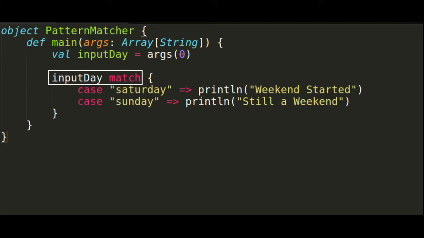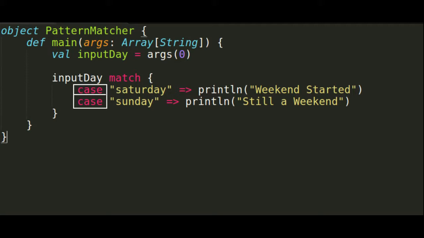Let's have a closer look at the syntax of the match expression before we compile this program. First, we put the name of the val to be matched, in our case input day, followed by the match keyword. Then follows an expression block with case clauses. Each case clause starts with the keyword case, followed by the pattern to be matched.